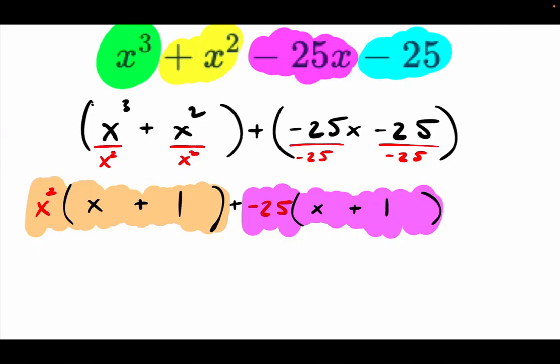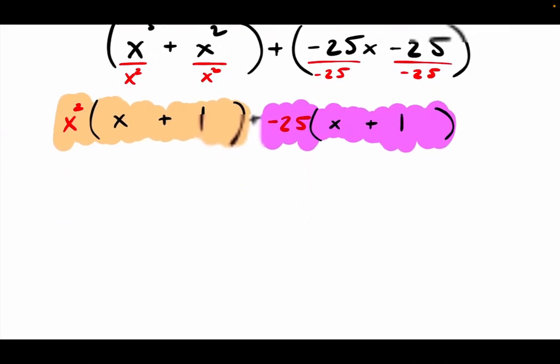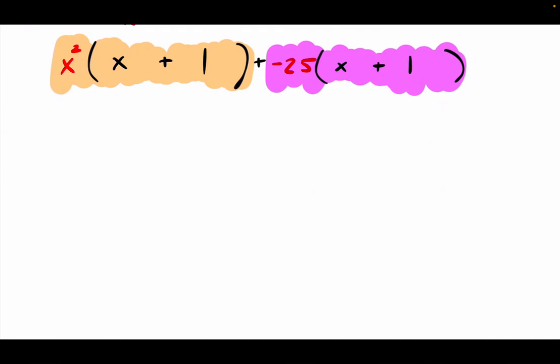Now those 2 guys, do they share anything in common? Is there a bigger GCF there? Does this orange and this purple share anything in common? Is there anything the same you see in orange and purple?